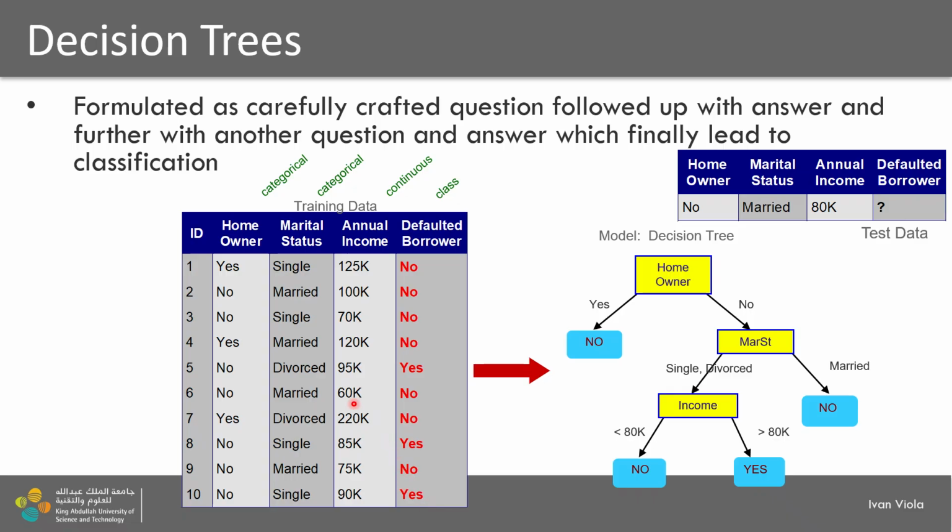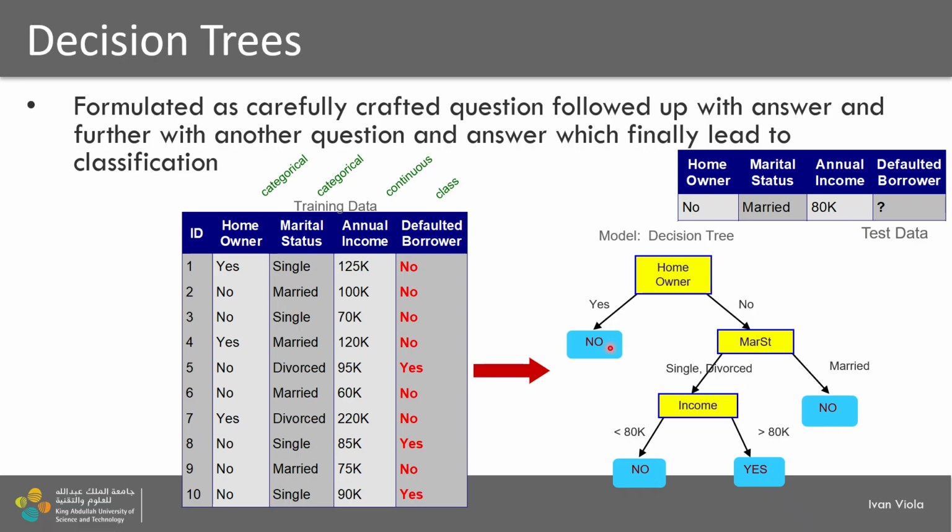Now, based on this training data, we can create the so-called decision tree, which will be the structure, the model based on which we will decide whether a new data entry will likely repay the loan or not. First, we can see that from the homeowners, everybody who owned a home was able to repay the loan. So we can put the question whether somebody is a homeowner.